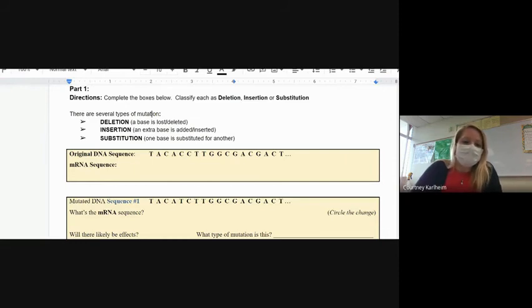So for your mRNA sequence from the original DNA, you would just type things like: what pairs with T in mRNA? What pairs with A if you're doing mRNA? What goes with C?